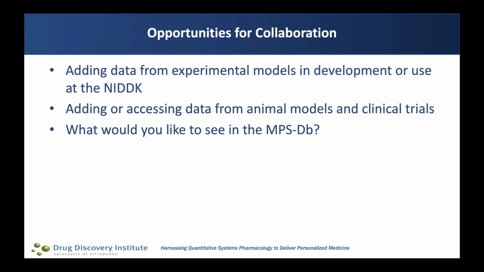So at this point in time, if you go into the MPS database and register, you'll see a lot of public studies. I can't remember how many we have, but there's a couple hundred, I think. That's probably about half of the studies that are in the database right now, but the other ones are still in process and will be released once they've been completed.